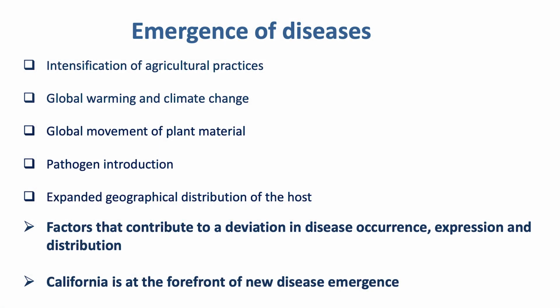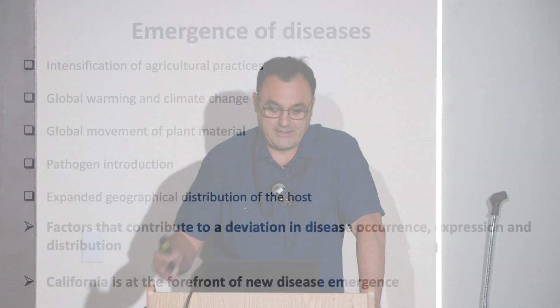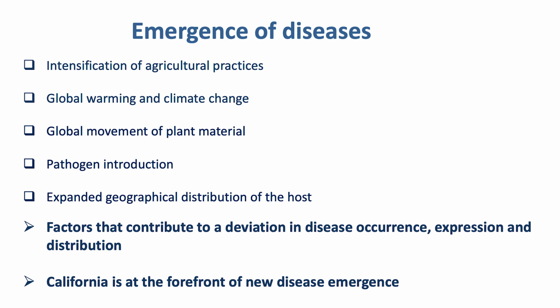And that's probably the case for red leaf blotch. It could also be the case for the Carpophilus. But sometimes the expanded geographical distribution of the host can also lead to problems. If we were to grow almond in Washington state, we'd eventually have additional diseases that we don't see here. But basically all these factors, the climate, the intensive practice, and pathogen introduction, can all lead to a shift in the diseases we're seeing.